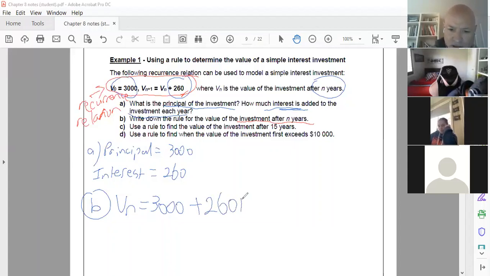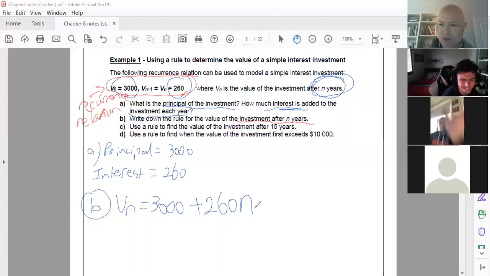And of course, we're going to times that by n. Okay, n being how many years. So when we put 1 in there, we're going to have 3,000 plus 260 times 1. Put 2 in there, 2 years, 3,000 plus 260 times 2. And we've got our rule in terms of n. Any questions for part B?